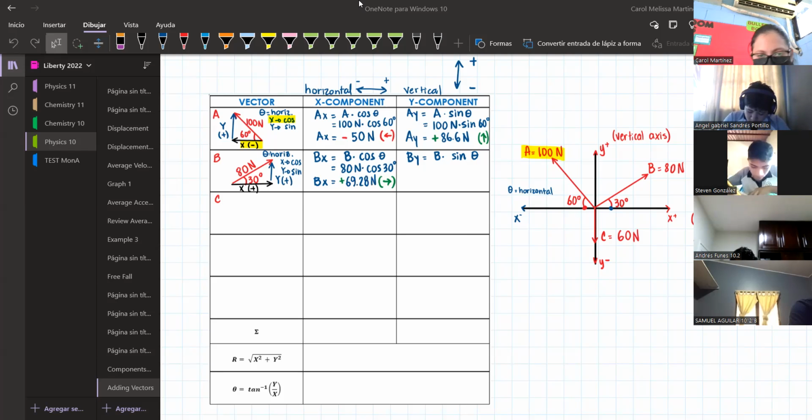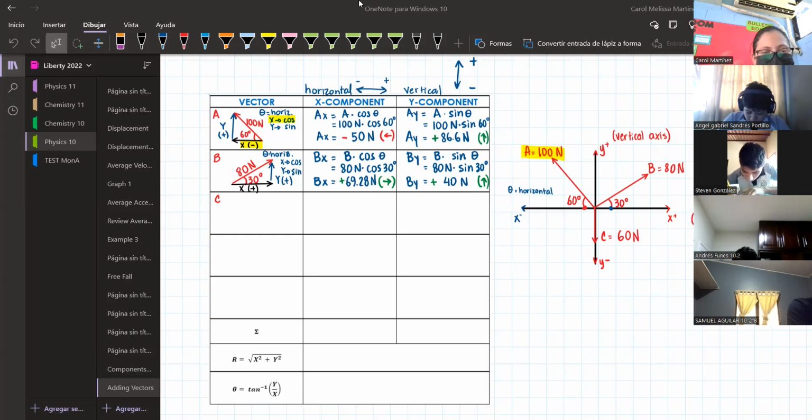Yes. Okay. We do the same procedure for By, and we say that By is equal to 80 Newton, sine of 30 degrees. Because it's going up, we know it's positive. How much is this? 40, very good. 40 Newtons. With this, we finish the second vector.